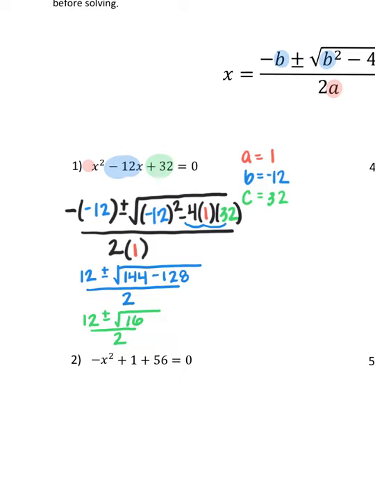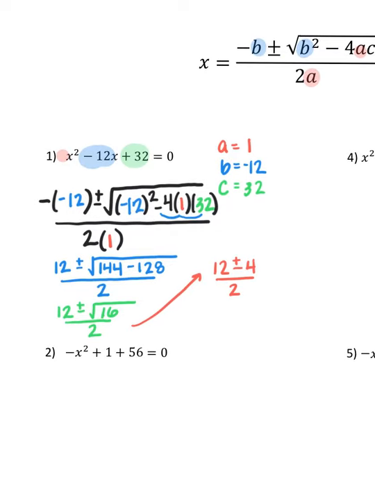Okay, so we're still simplifying step by step. I'm going to bring it over here. So we have 12 plus or minus, what is the square root of 16? It's 4, all over 2. So we have 12 plus or minus 4 over 2.